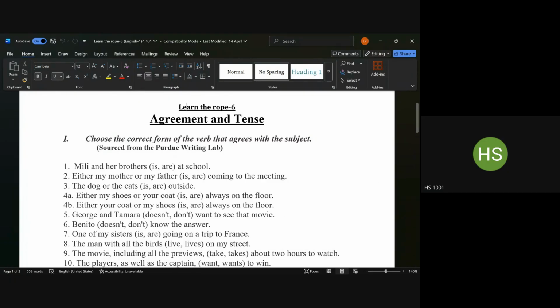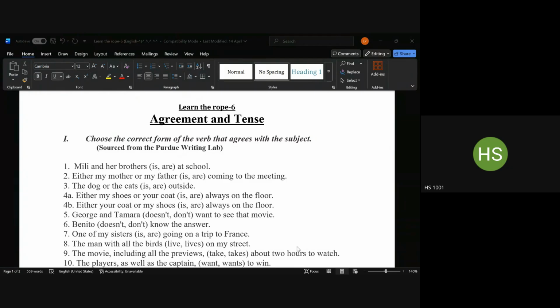Okay, let me just leave some of these things in the chat also. So agreement usually has three features, right? Which are the person, the number, and the gender. Now, in the English language, you do not have gender, which means the verb is not sensitive to gender.